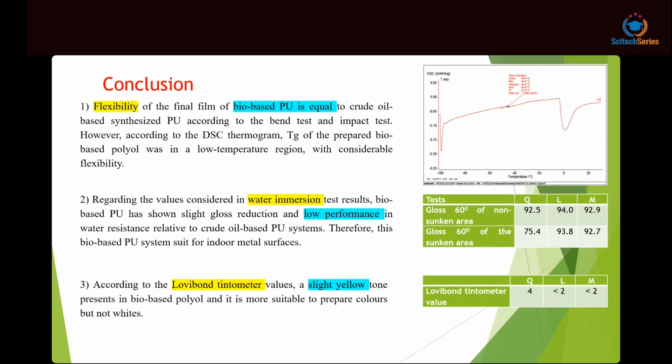Number three, in the Lovibond tintometer value, coconut oil based polyol has a slight yellow color, but crude oil based polyols are water white. So there is a little disadvantage because of the yellow color, right?